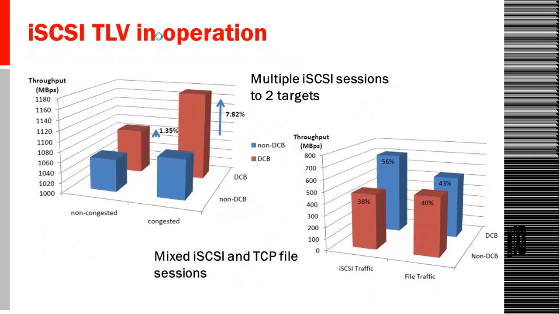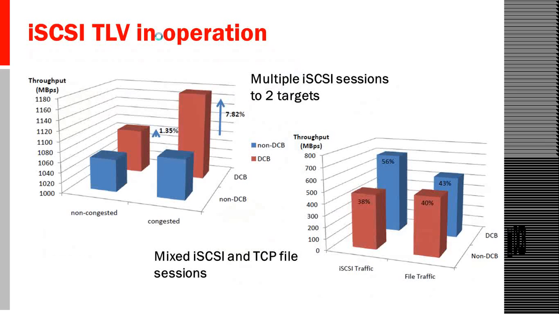And here's the kind of results that you see. So the left-hand graph is the multiple iSCSI sessions. By the way, these two graphs, read them carefully because the colors have been reversed. I don't know why. The left-hand one, we've got non-congested and congested, but the DCB, so the better traffic, is in the wine-colored burgundy there. So you can see quite an increase, even with non-congested, but like very good increase in throughput on the congested situation, which probably you'd expect.